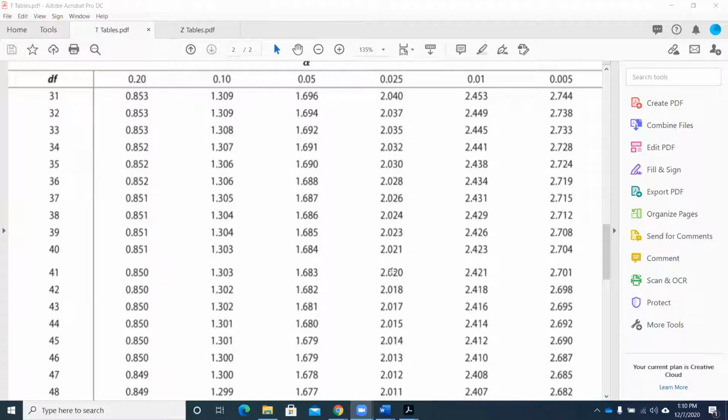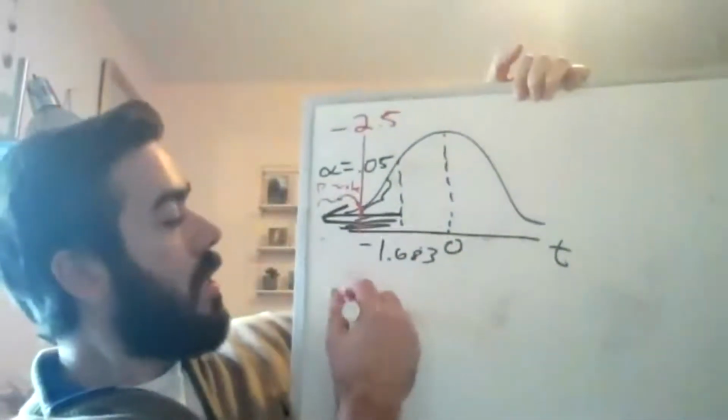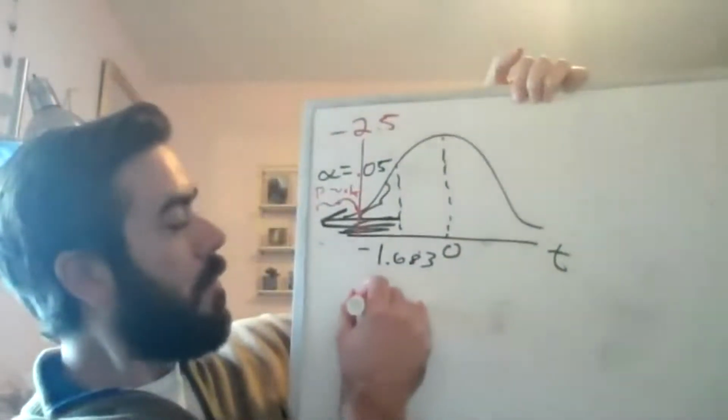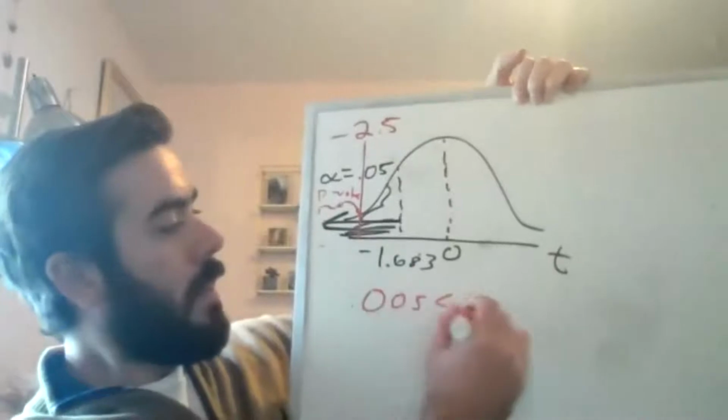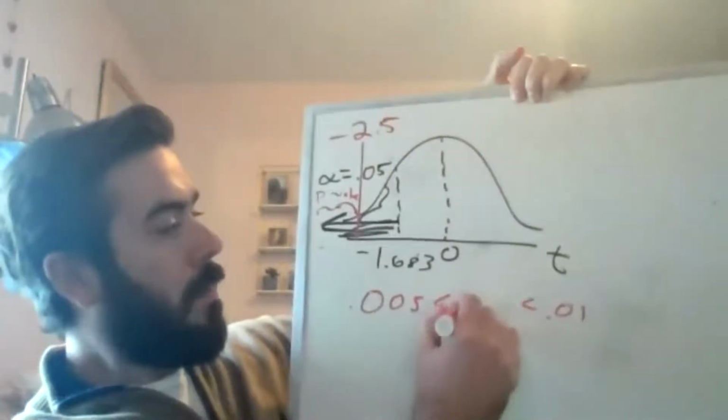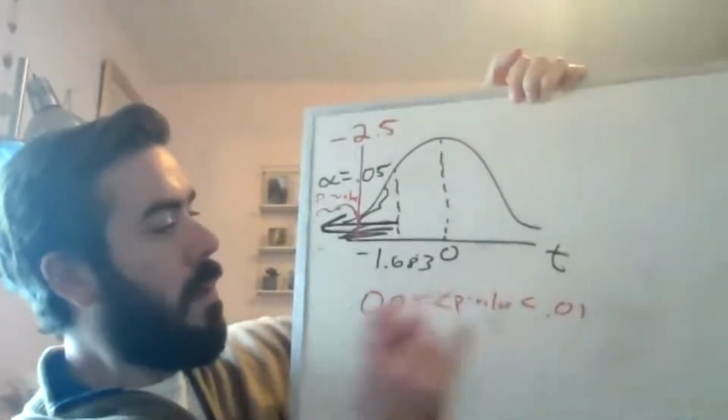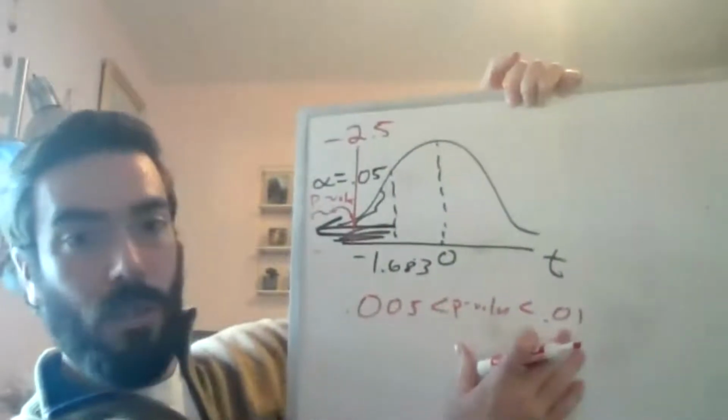It's a symmetric distribution, so we could look up 2.5, but I still don't see 2.5. It's in between two values, so I know my p-value is going to be somewhere between 0.005 and 0.01. This was a scenario where I can't give you the exact p-value, but I can tell you it's somewhere between 0.005 and 0.01.